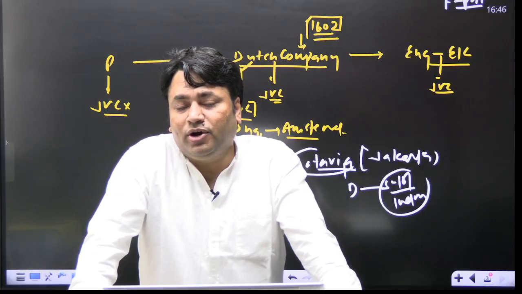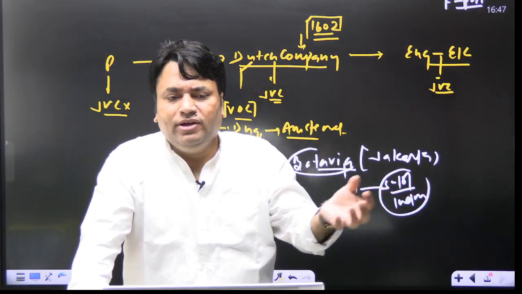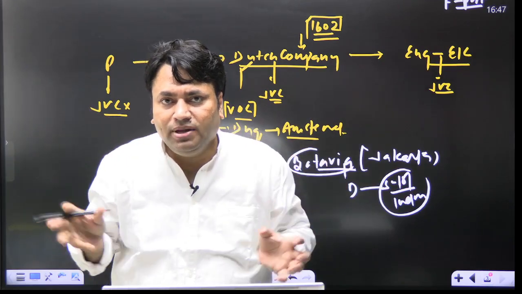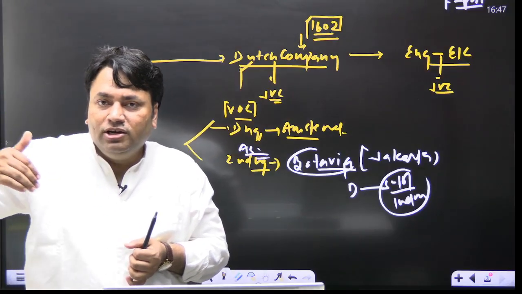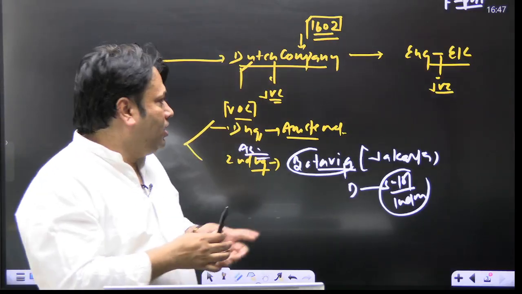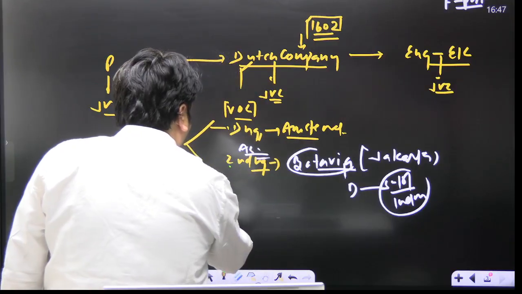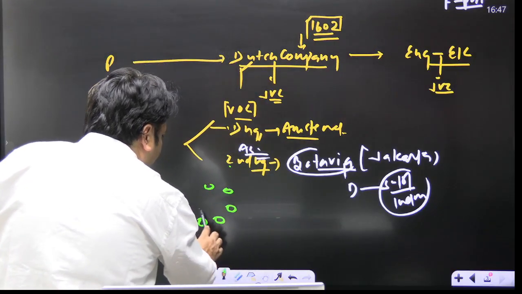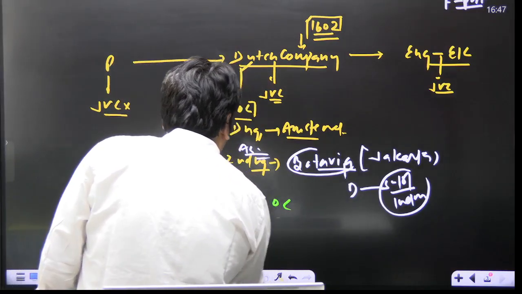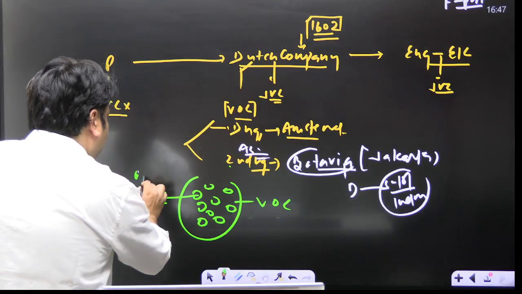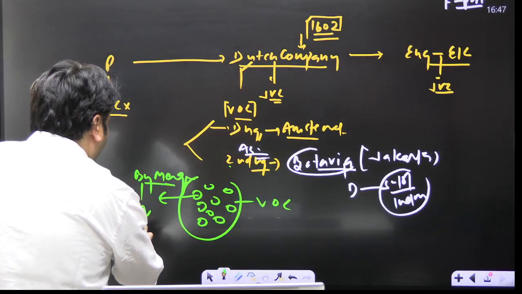And the second important point: before the formation of the company, there were many small Dutch trading companies. There were hundreds of smaller Dutch trading companies. So this company VOC was formed by the merger of many small Dutch trading companies.